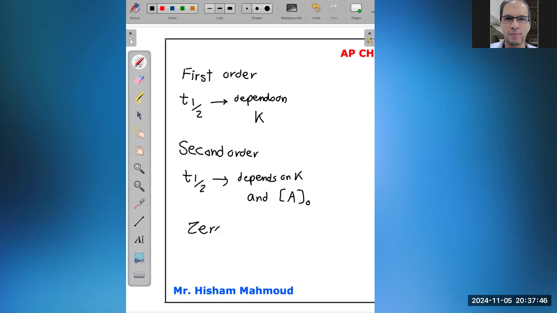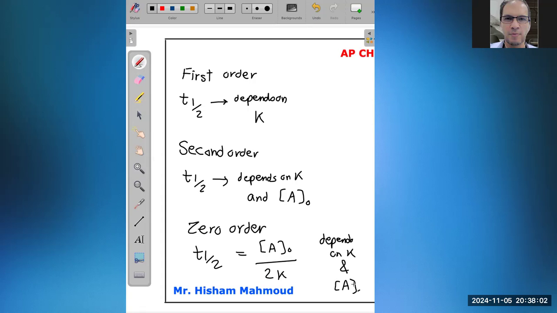In the zero order, T half is equal to the initial concentration divided by 2K. So it also depends on K and the initial concentration, just like the second order. The only one that has nothing to do with the initial concentration is the first order.